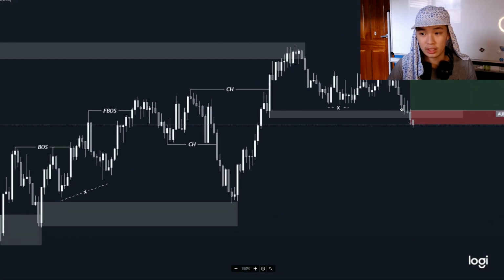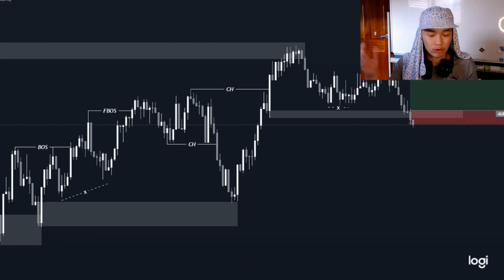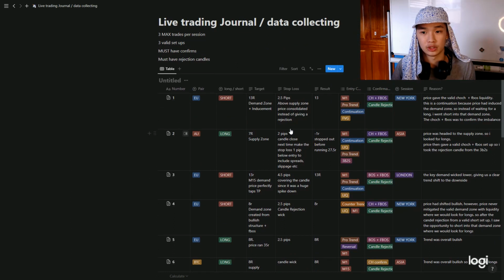If price was here and let's say I took the trade here, I wouldn't have a stop loss at the bottom here. In this case, since there was barely any mitigation, I'll move the stop loss all the way down and add an extra pip, because especially if the stop loss is 0.8 pips, I'll always need to add more pips to it, because you gotta account for spread, slippage, and all these external factors. So that's why you need to explain why the stop loss was there, and so on.